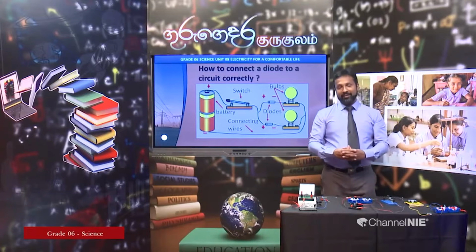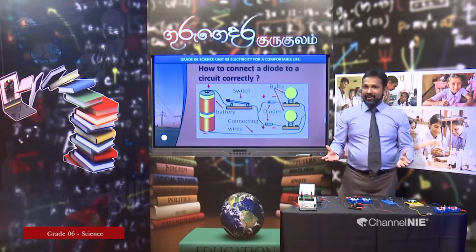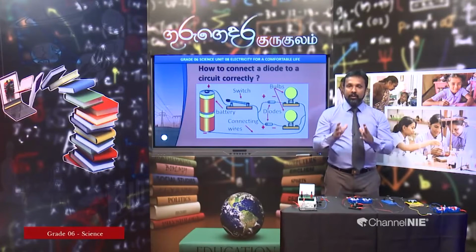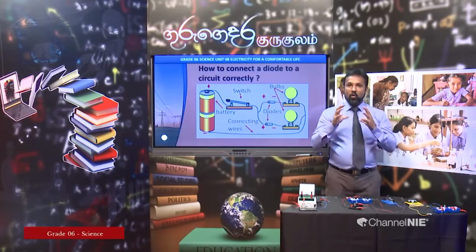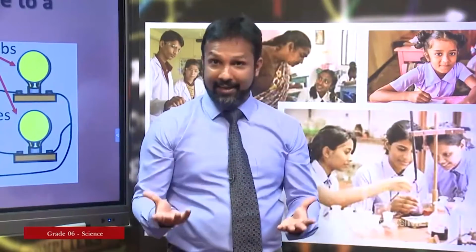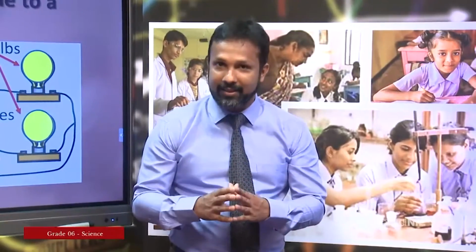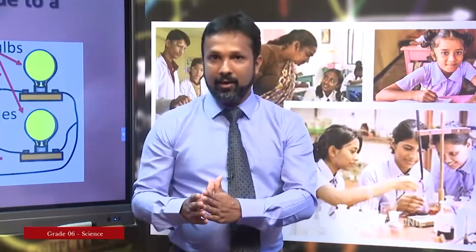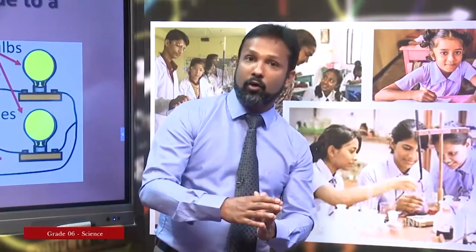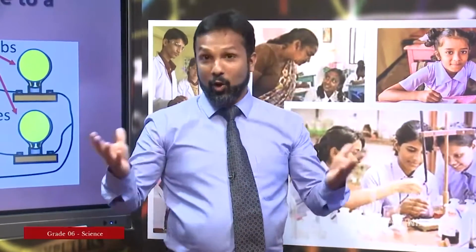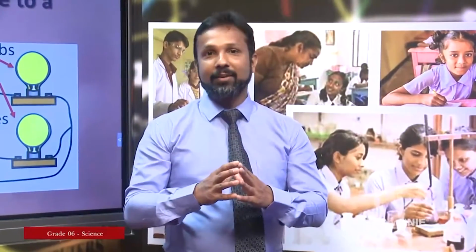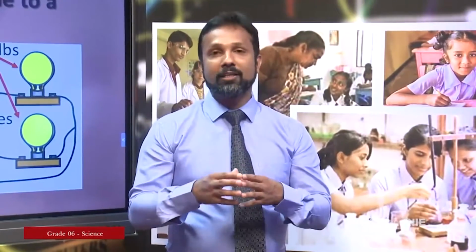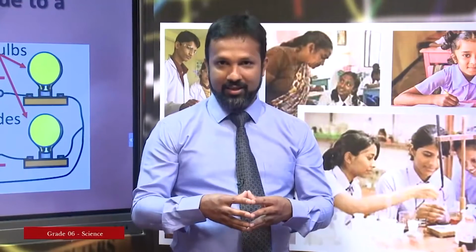From this simple activity, you have to understand that if we want to connect a diode to a circuit, we must always connect the positive terminal of the dry cell to the positive side of the diode, and the negative terminal of the dry cell to the negative terminal of the diode.